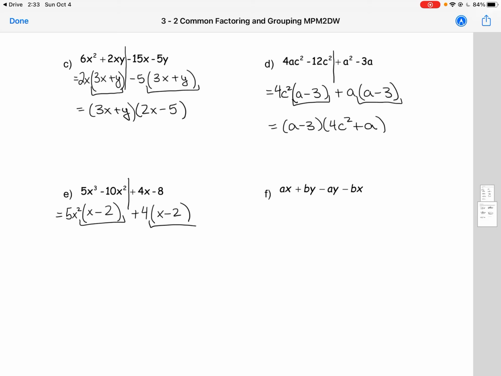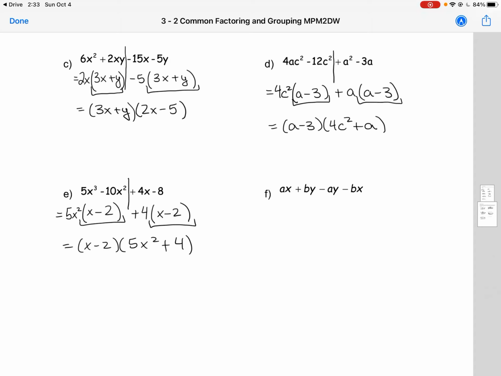Now I have that binomial that's the same in both groups. I can factor that out again as my greatest common factor, leaving me with 5x plus 4 as the second bracket, generating my polynomial written as a product, which is the whole goal of factoring.